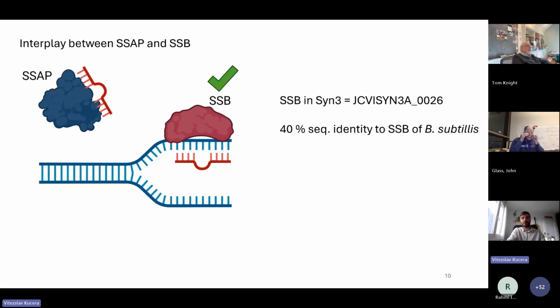We know from the proteomics of SYN3 that JCVI SYN3A does have the protein 26, which should be a single-strand binding protein that binds DNA during replication.